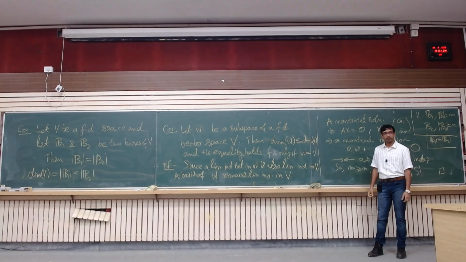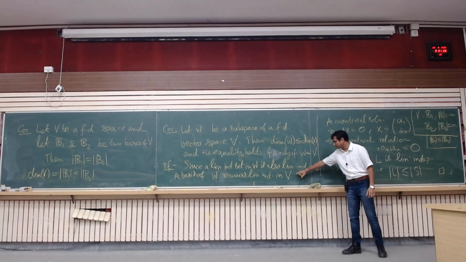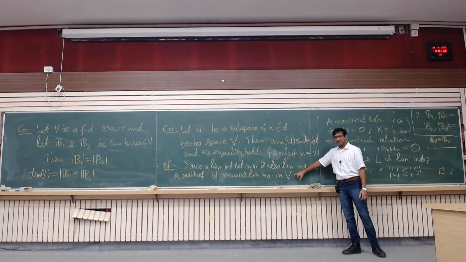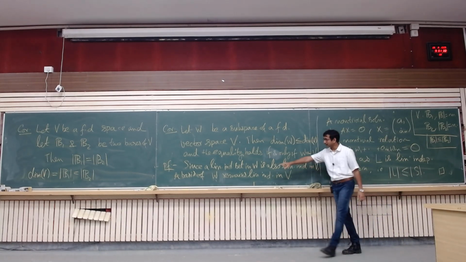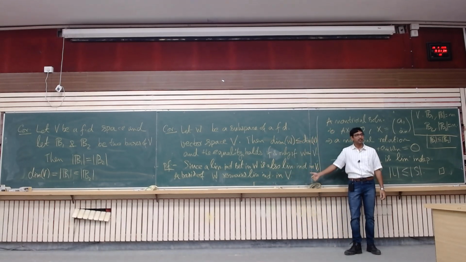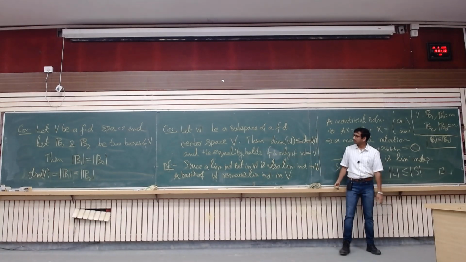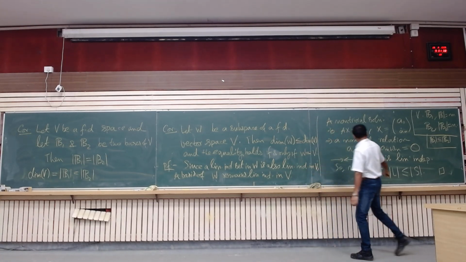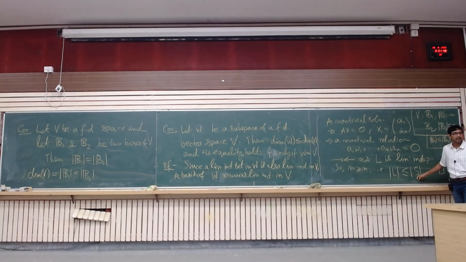Sure, that of course works, because that basis of W is a linearly independent set, and if you now consider a basis of V, you can consider it as a spanning set, and we just saw that a linearly independent set has lesser cardinality than the spanning set. So we are done.